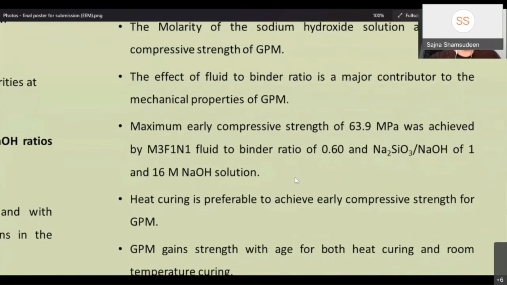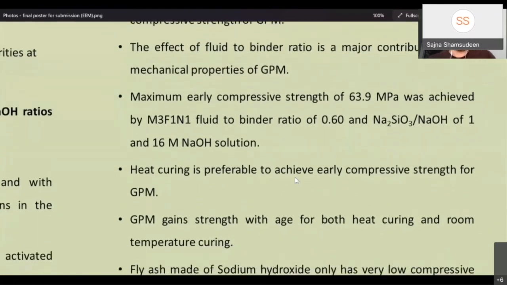The effect of fluid to binder ratio is a major contributor to the mechanical strength. We can achieve a maximum strength of 63 megapascal, with sodium hydroxide solution concentration of 16 molar, fluid to binder ratio of 0.6, and sodium silicate to sodium hydroxide ratio of 1.